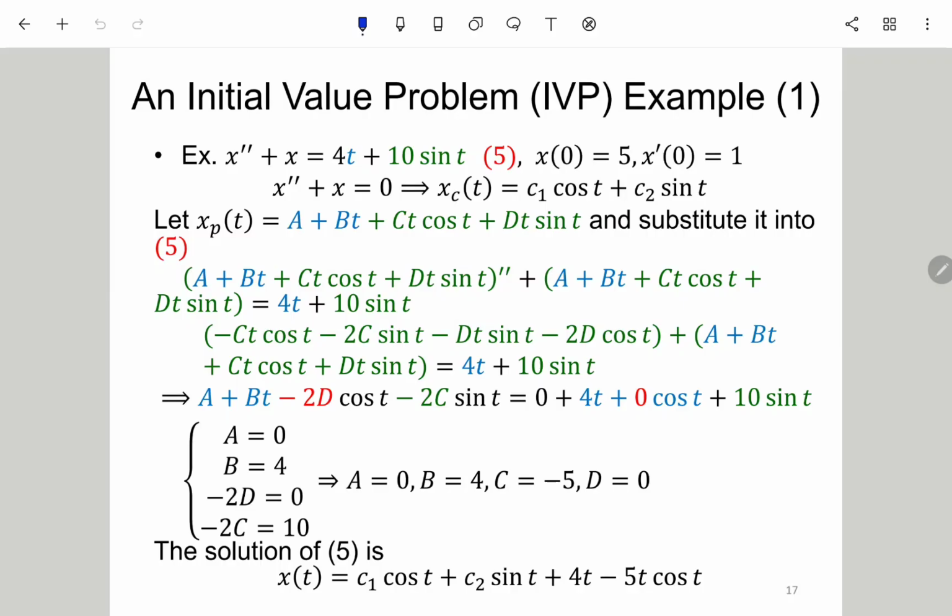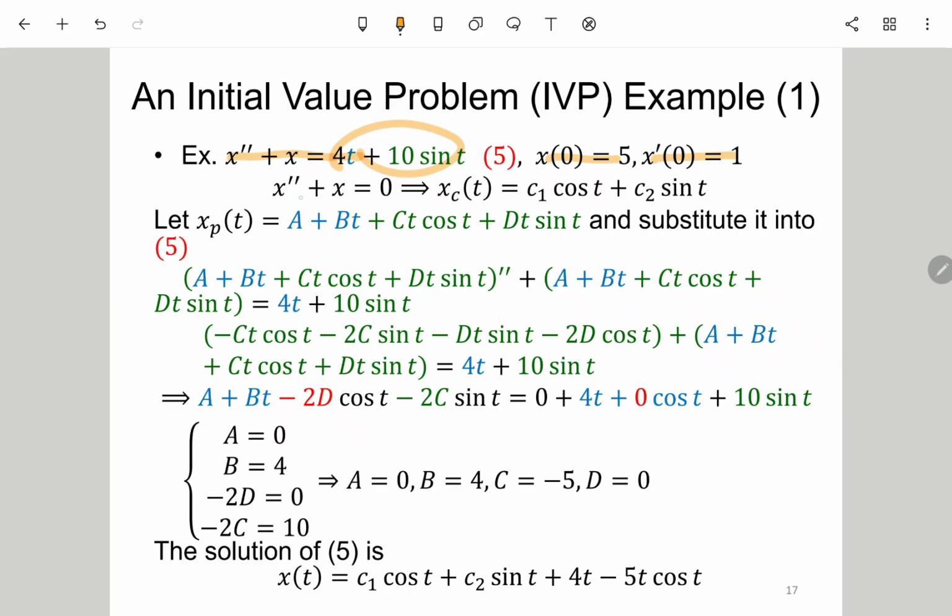So finally, to finish off this chapter, this supplementary section, we have the initial value problem. Here we have a second order ODE with this stuff, and also with the initial values.